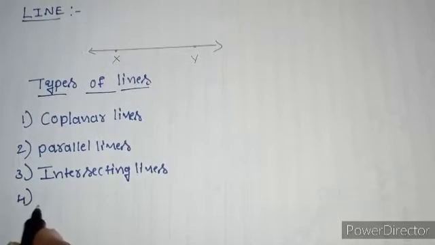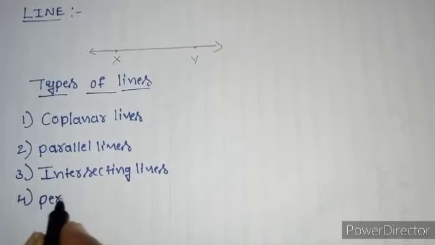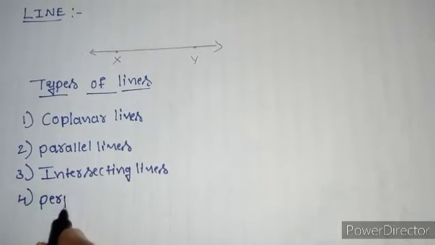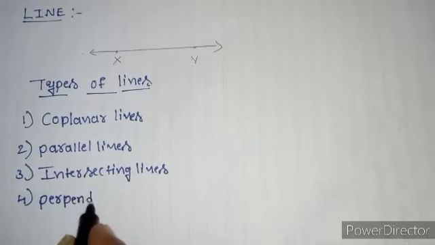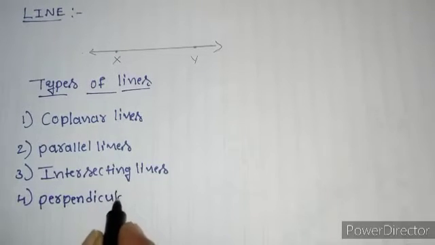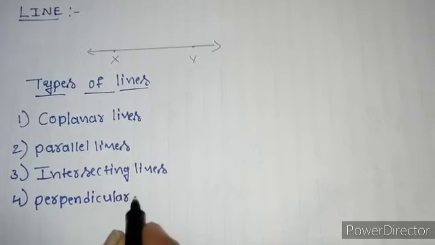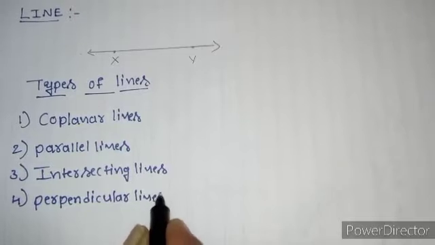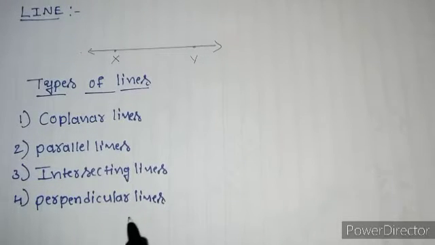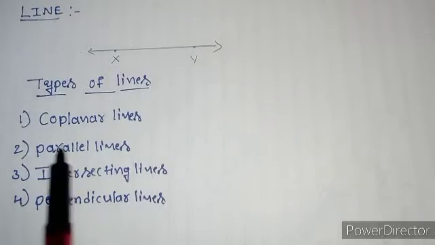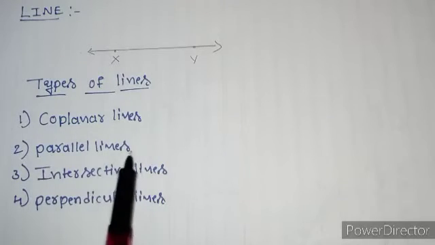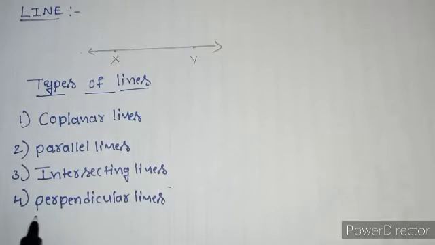The fourth type is perpendicular lines. So there are 4 main types of lines: coplanar lines, parallel lines, intersecting lines, and perpendicular lines.